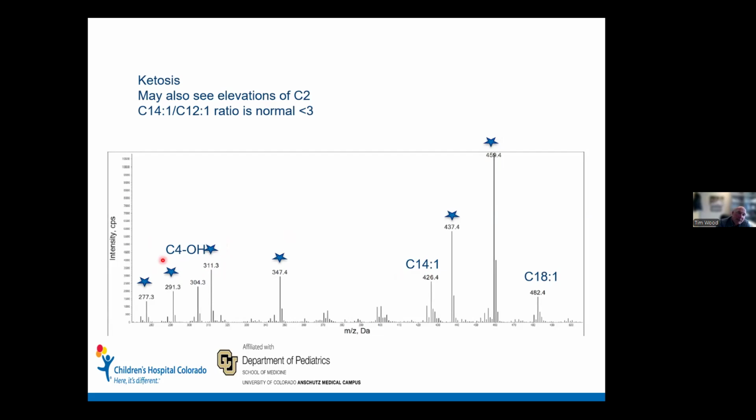And I really rely on my ratios here of C14-1 to C12-1. Typically, those ratios are going to be normal even in ketotic kids. Although I have called Pete in a panic one time because I had one of these that was a little bit over 3, and we repeated it, and I think Pete had a genome at that point, and it was okay.